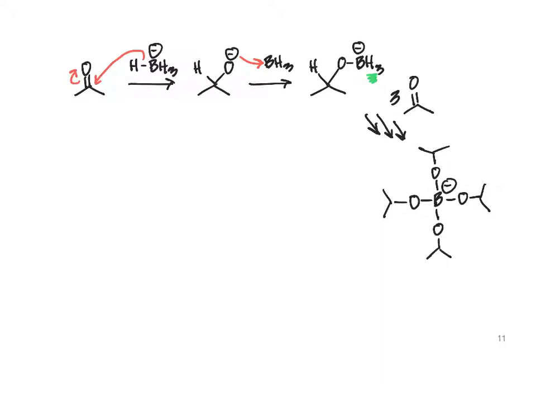These borate esters are actually unstable to water. And so as soon as they form, they react. And here's how that reaction occurs. There's a proton transfer to one of the oxygens that occurs. I'm going to abbreviate the remaining 3 of these as that.